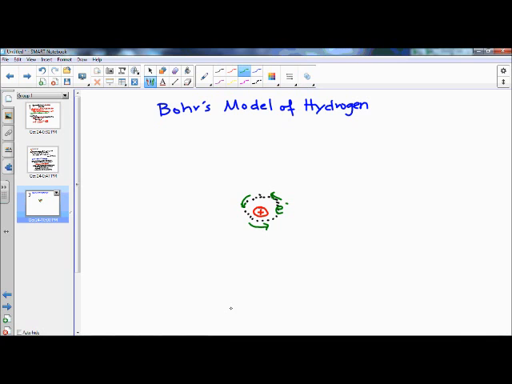When energy is added in the form of heat or electricity, the electron absorbs a certain amount of the energy. When it does, the electron jumps to an orbit that is farther away from the nucleus.